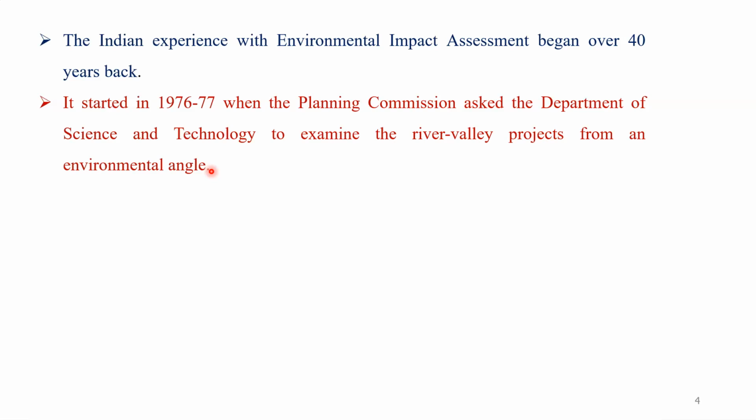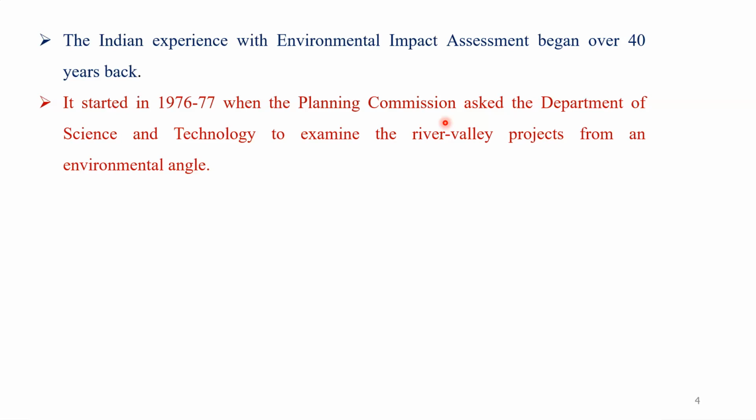Dear students, this is a very important event in the history of Indian environmental impact assessment, because it was first started in India in 1976 and 77, and the credit goes to the Planning Commission, because they requested the Department of Science and Technology to examine the River Valley projects of India that were started in the same period from an environmental angle.